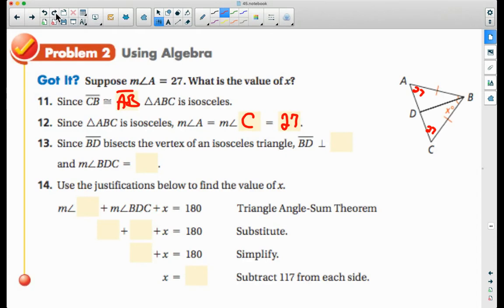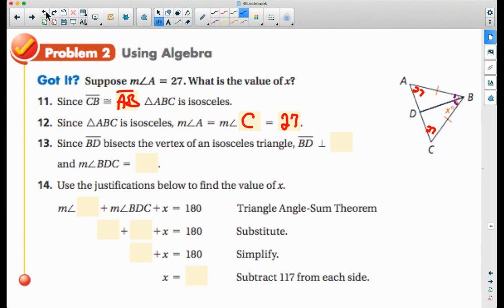Since segment BD bisects the vertex angle, as you notice right here, these little tick marks show that segment BD is bisecting angle ABC, the vertex angle.